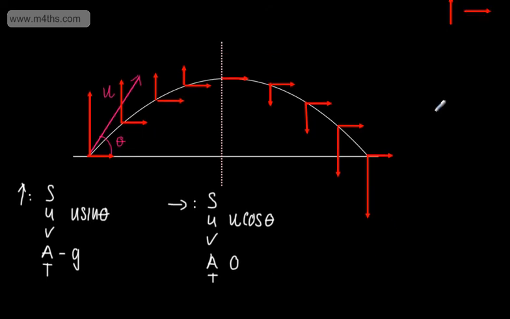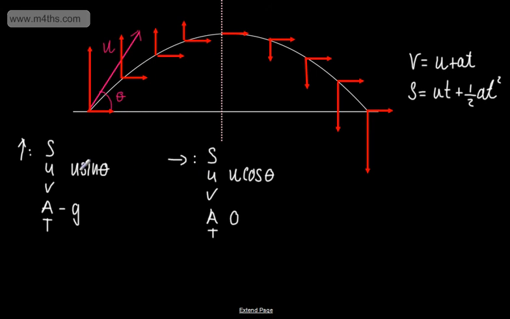I'm now going to take the Suvat equations, and there are two that we're going to look at in particular. v = u + at, and the other one is s = ut + 1/2 at squared. If I now apply this first in the vertical direction, we're going to have the following.